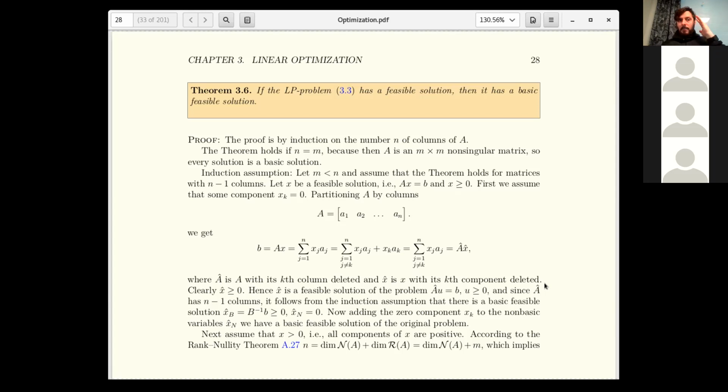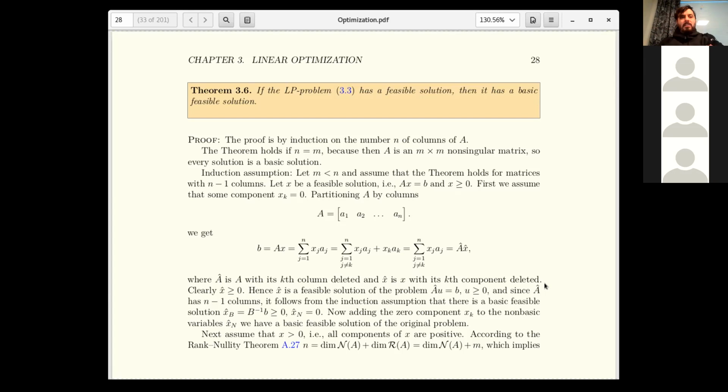There's no other possibility because there's only one vector x that satisfies Ax equals b. So if that is non-negative, then that's the solution. And if it has negative components, then the whole problem hasn't got any solutions because the constraints are contradictory, right? So that's the basis of the solution.